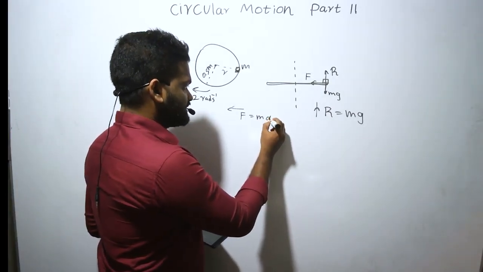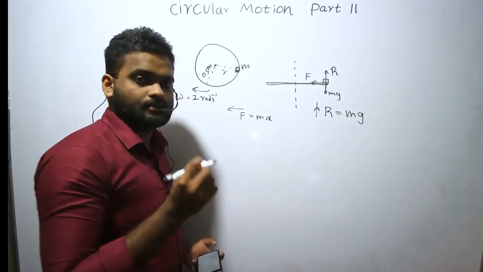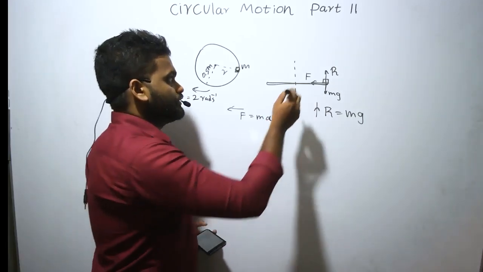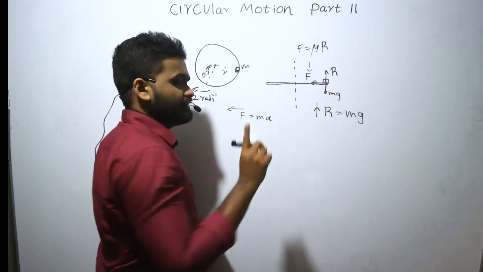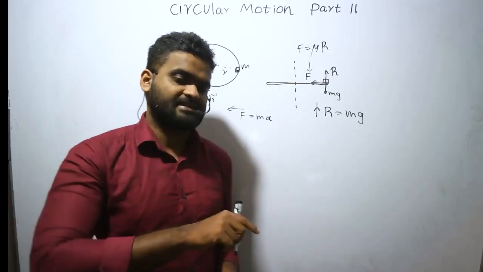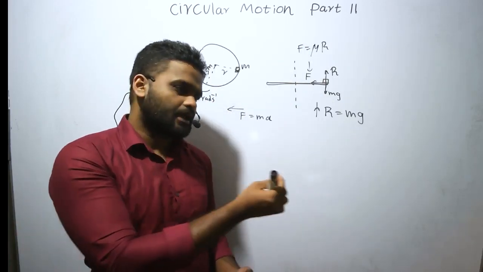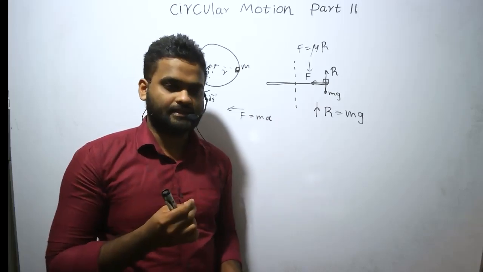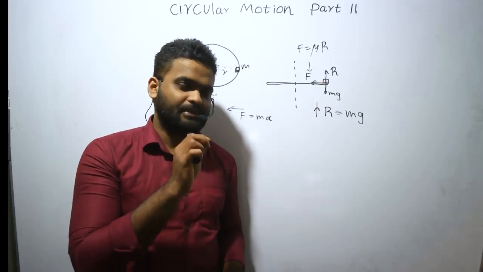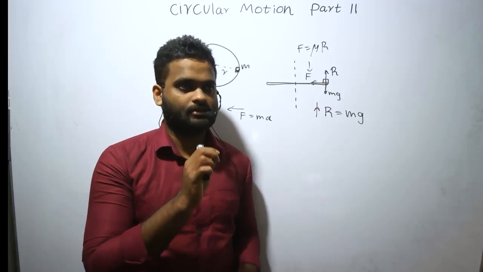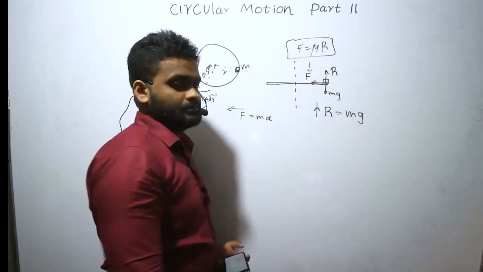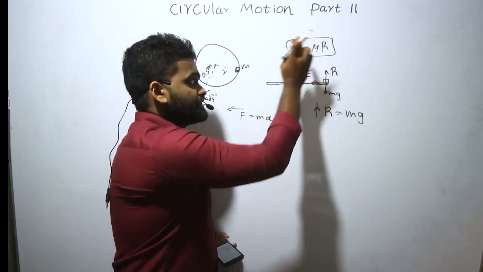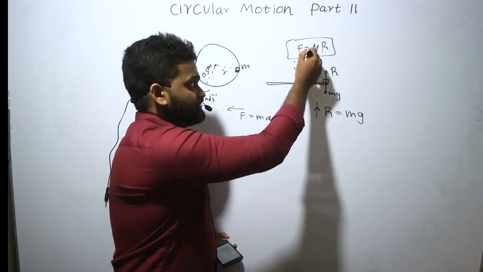Here they are asking about the minimum friction coefficient, so you know that F can be written as mu R. Whenever they say minimum, maximum, or just starts to slip, they are talking about a limiting condition. So you can apply F equals mu R. This is the limiting friction, or the maximum friction.